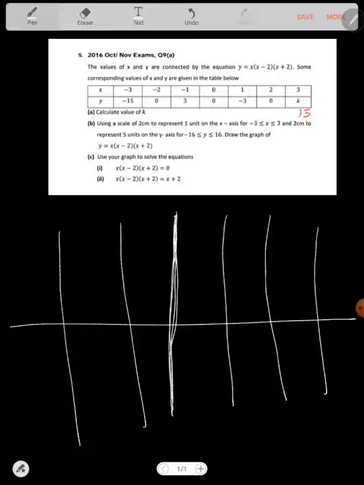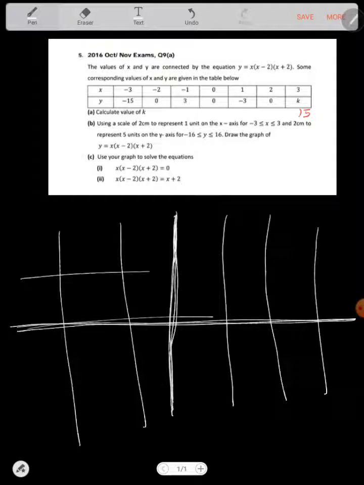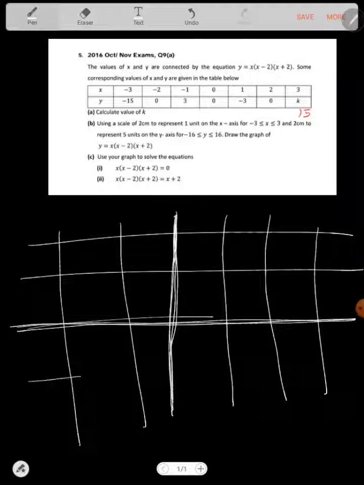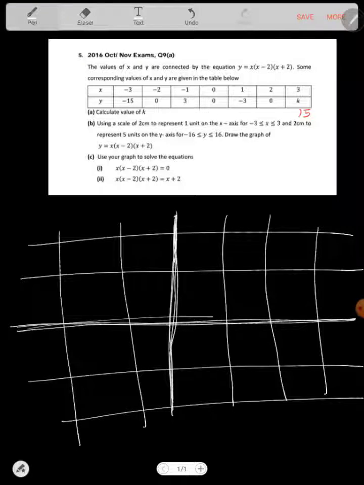So this is the x-y plane, like that. Then we have these going in that direction. Also have these going in that direction. So if this is 0, this is x, then this is y. This is y, this is x. So each box, those big boxes, each of them is 2 centimeters.